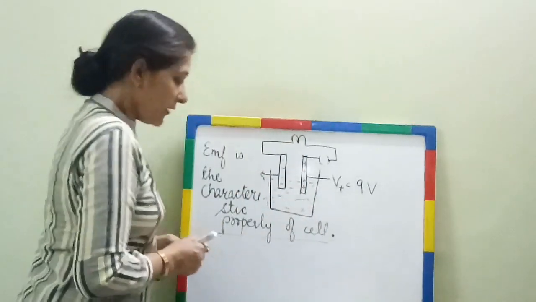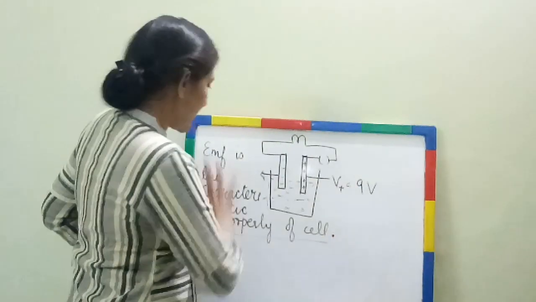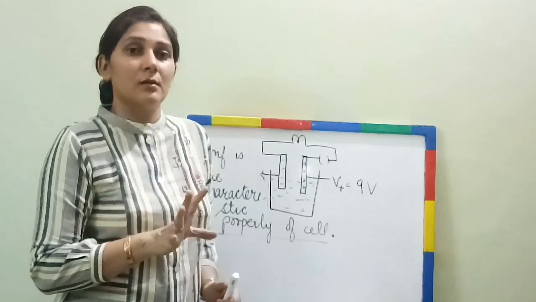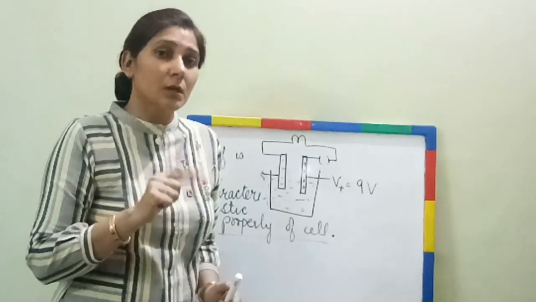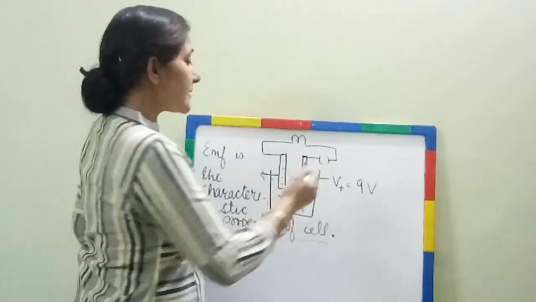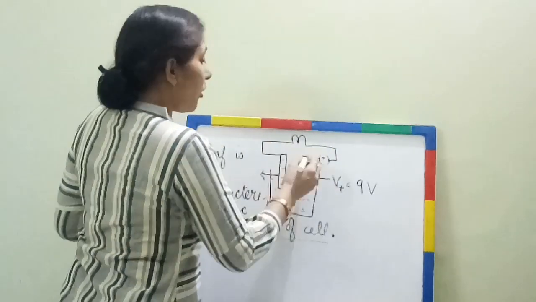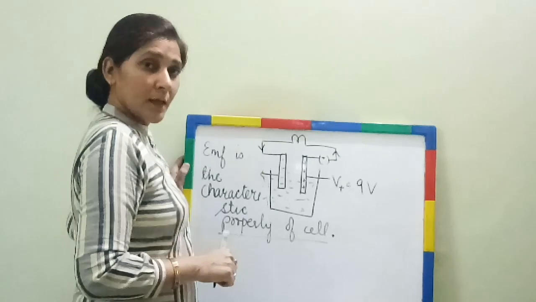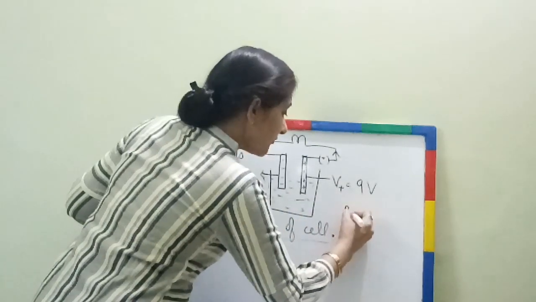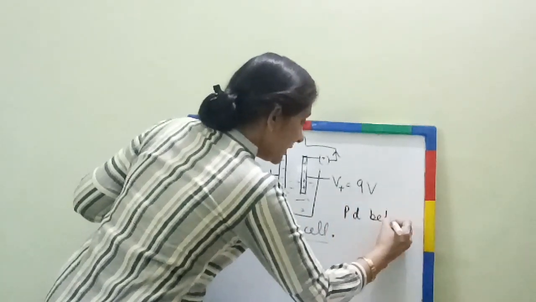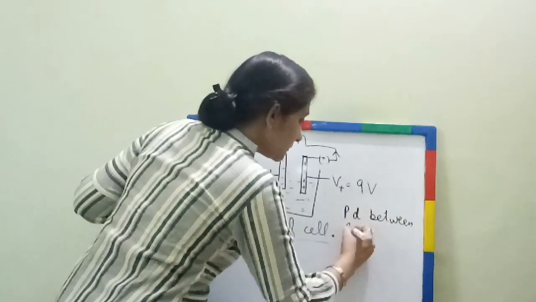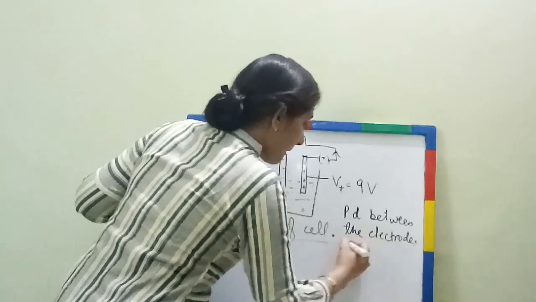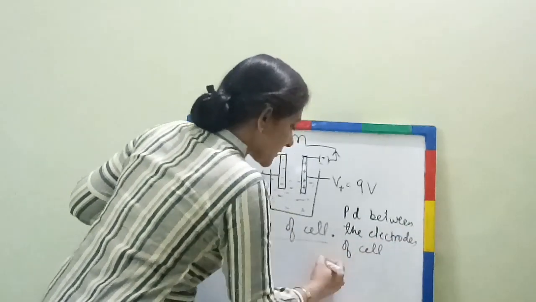Right. Now when we are talking about this complete scenario, this we are talking about when no current is drawn from the cell. But what if the current is drawn from the cell? अगर इस सर्किट को मैं कंप्लीट कर दूं और यहाँ से करंट फ्लो करना शुरू हो जाए, then what will happen? Then this potential difference between the electrodes of the cell decreases.